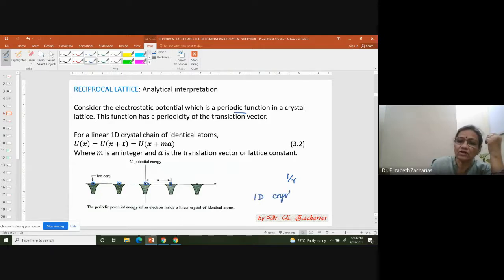There is nothing called a one-dimensional crystal, but let us imagine that I have a series of positive ions sitting at the lattice positions like this in one line, and the gap between them is A. A positive ion means one or two electrons are out of it. So what happens if the electron comes close to this? The electron will have an electrostatic potential energy that is going to be decided by the distance from the ion. And when it is out of bounds, the potential energy is zero.